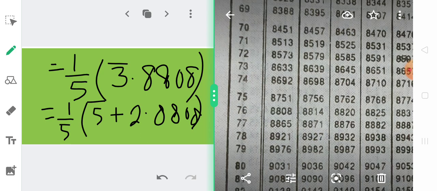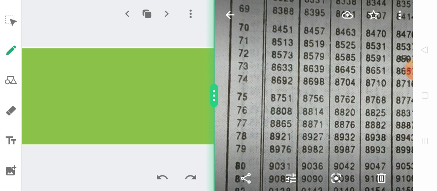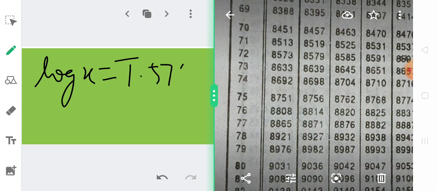So instead of writing minus 3, I have written minus 5 plus 2.8808. Okay. Now solve this out. On solving this, you will get log of x equal to 1 bar point 5762. Now you have to take the anti-log of both the sides.